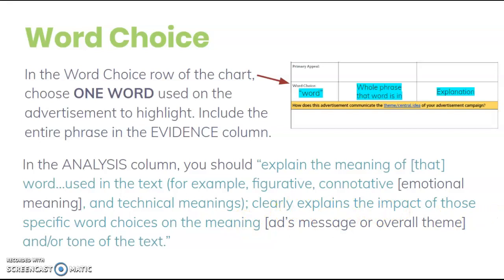So how did that specific word impact the meaning of the message or the tone of the message? Did you create a specific mood, a specific tone by using that specific word? Okay, so check your word choice row and make sure that you have it filled in completely and that you have an explanation that does this according to the cognitive skill rubric.